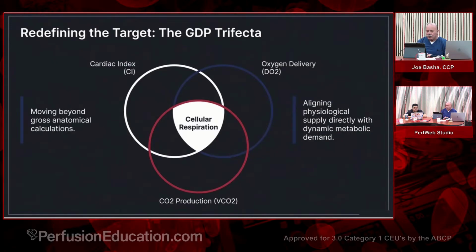Sure. So redefining the target, the goal-directed perfusion trifecta, you have cardiac index, you have CO2 production. This is what I was talking about, which is something that's kind of coming up and people are talking about it, and it makes sense. I don't think there's an easy way to do it without involving anesthesia, because you need their end-tidal CO2 machine. Maybe it'd be nice if we had our own and we could measure it and not worry about obstructing our outlet, because you don't want to do that.